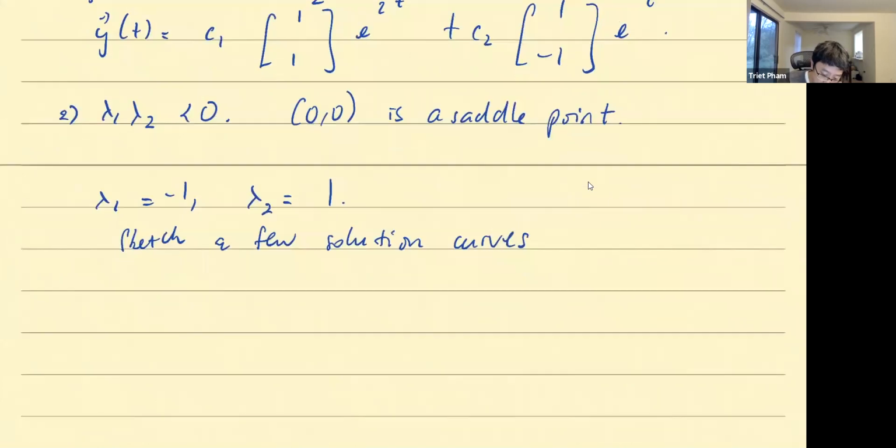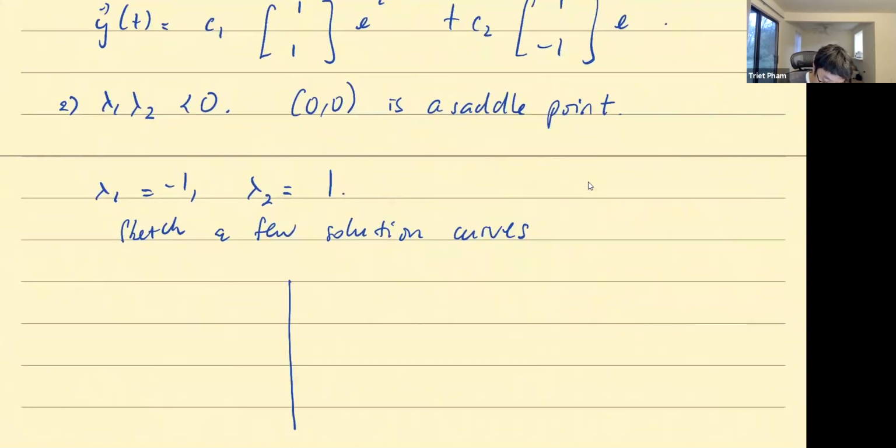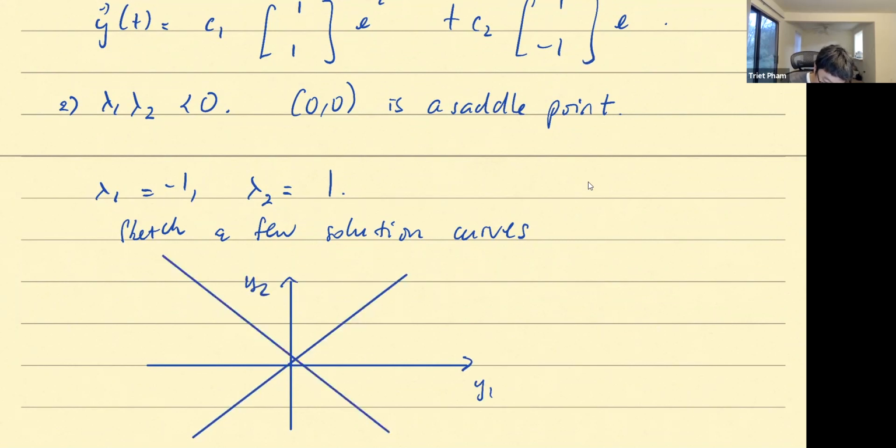All right. Again, we will draw the straight line solutions. Okay. And because lambda 1 is -1, it goes in on the V1.